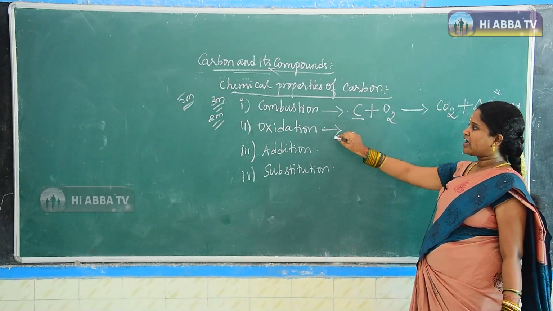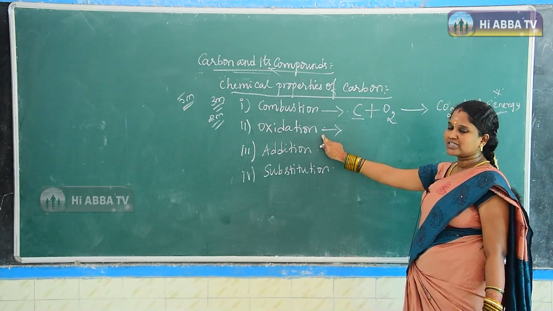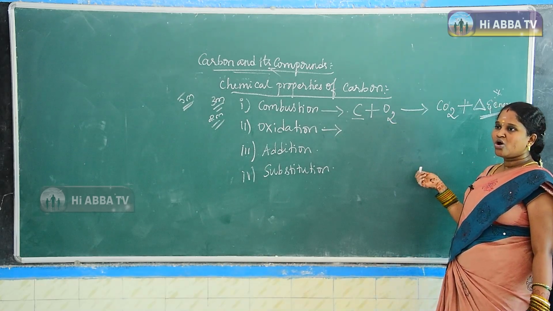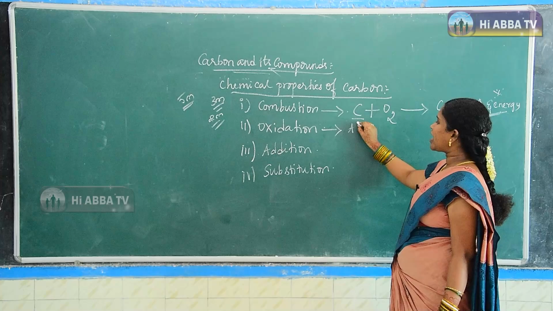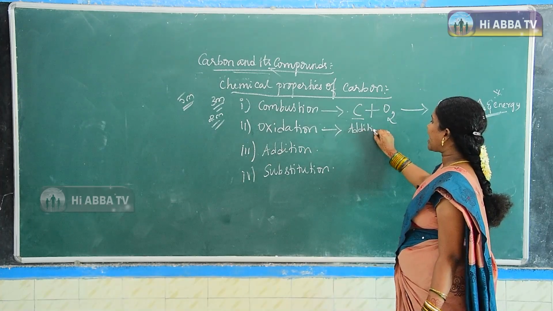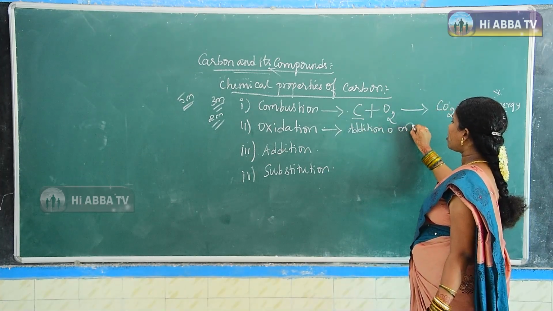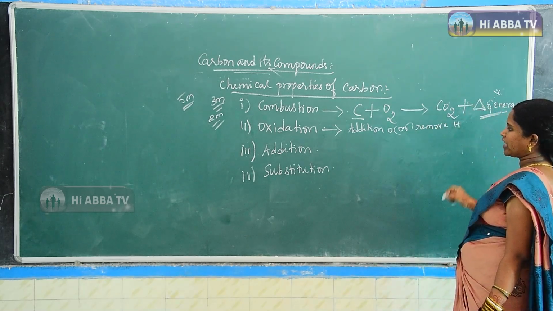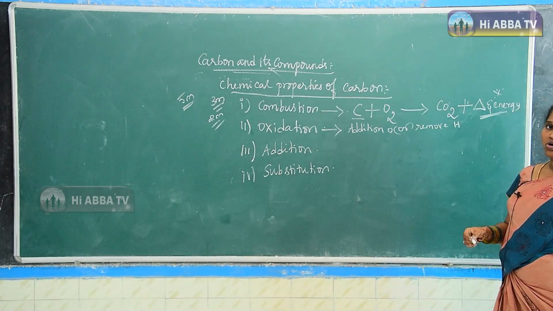And the second one is the oxidation reaction. We have learnt oxidation already in our lower class, which is nothing but the addition of oxygen or removal of hydrogen. If I add oxygen or remove hydrogen, that is termed as what? Oxidation.